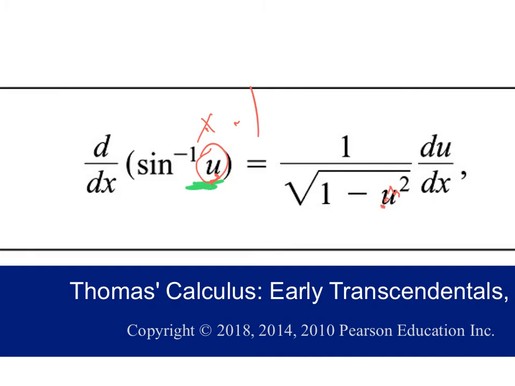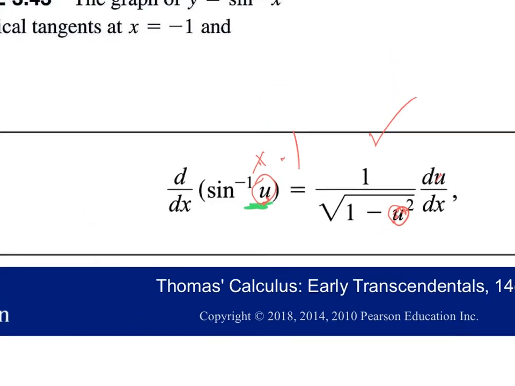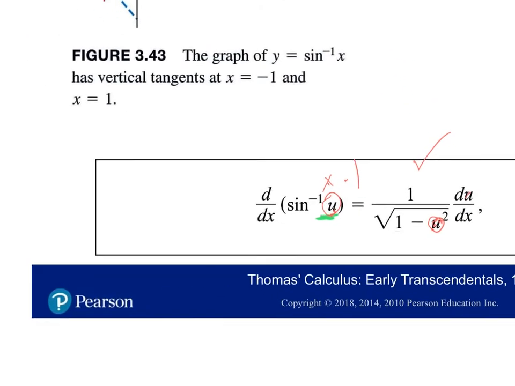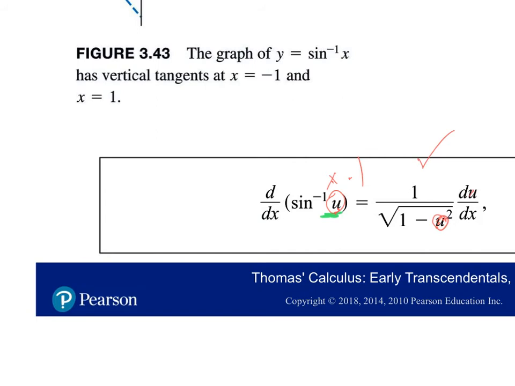Then you're going to have to do the derivative of whatever was there. This is the generic answer instead of the one I did for you. So you have to pay attention to that. Just like before, we learned how to do e to the x, and then all of a sudden we had to do e to the u.